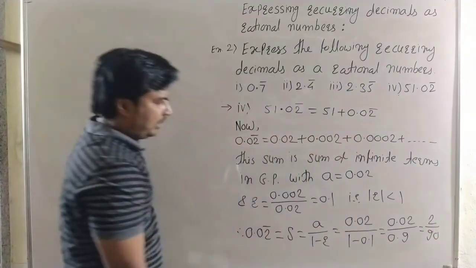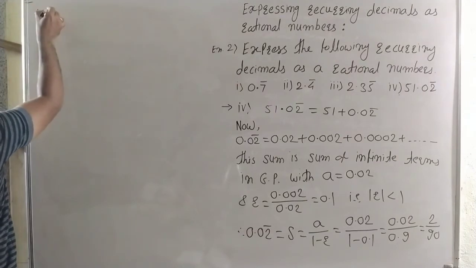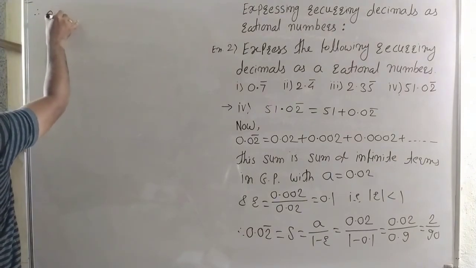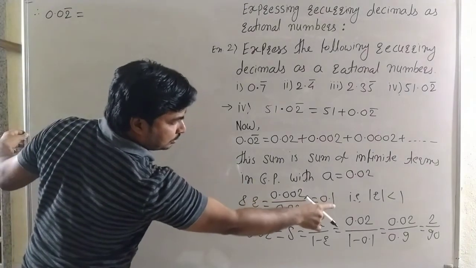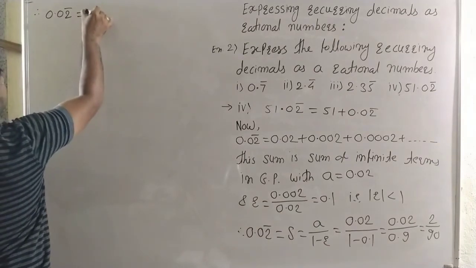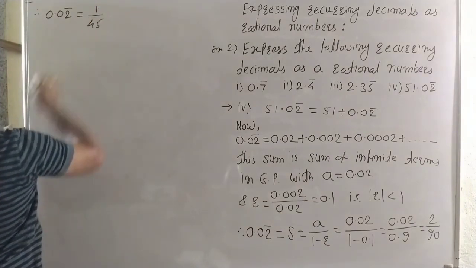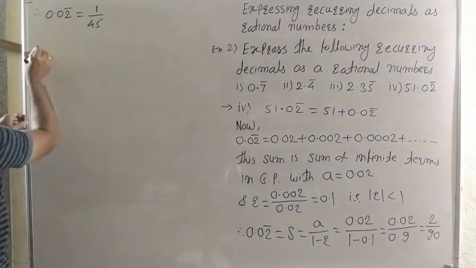And 2 upon 90 means 1 by 45. Now we want to find the value of 51.02 bar.